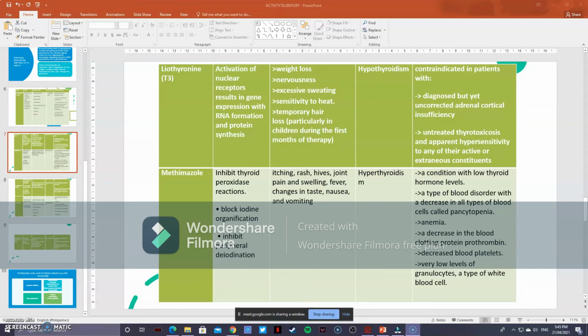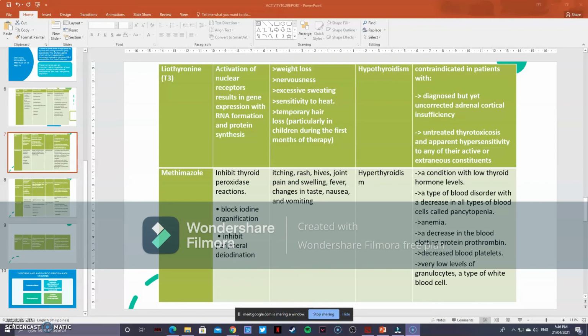Next drug is methimazole. It inhibits the thyroid peroxidase reaction, blocks iodine organification, and inhibits peripheral iodination. For adverse effects: itching, rash, hives, joint pain and swelling, fever, changes in taste, nausea, and vomiting.